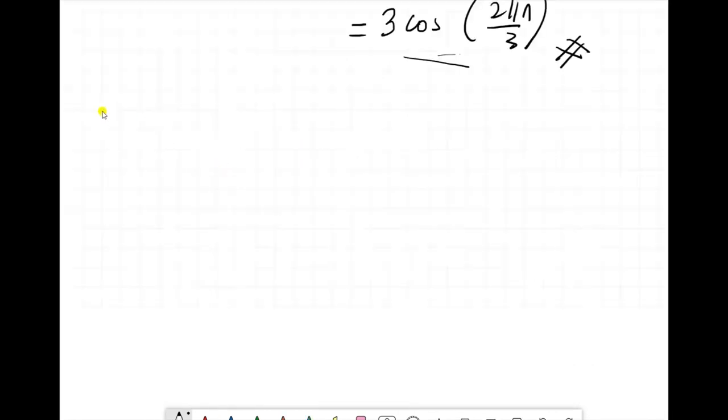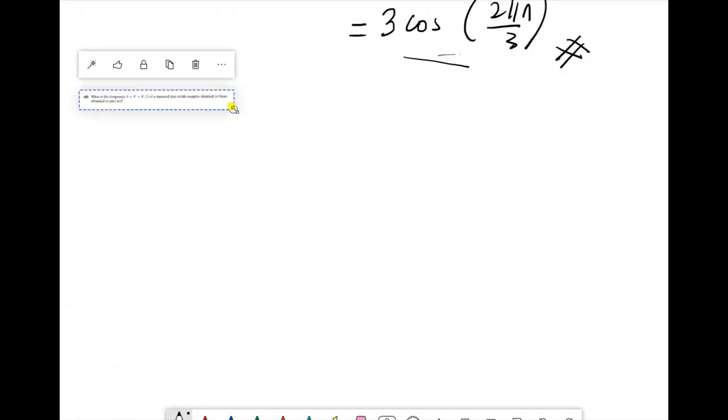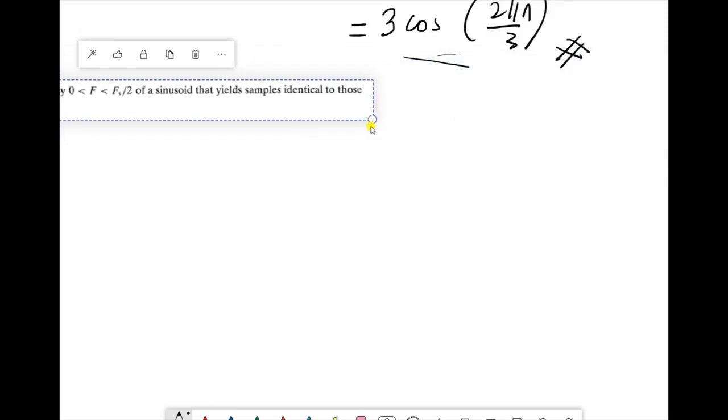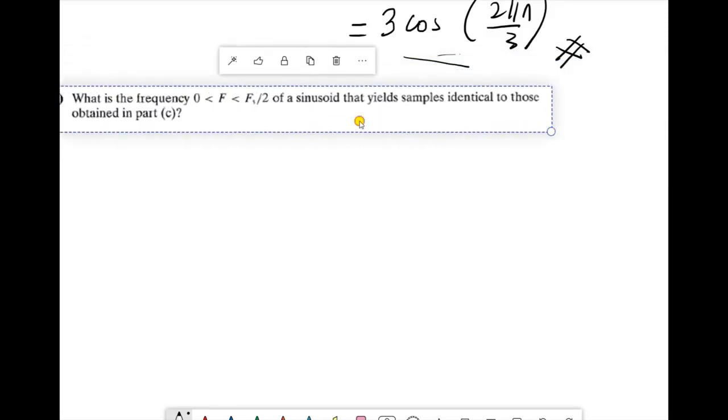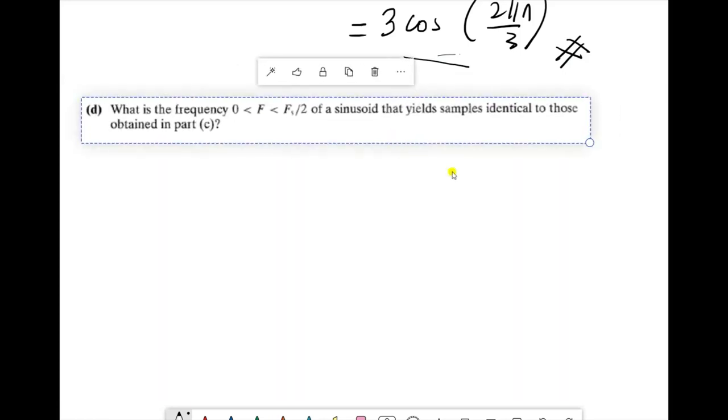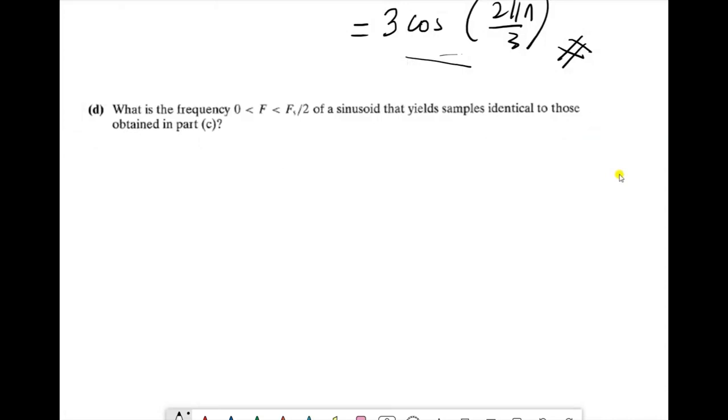Okay, so for question D, I'll just copy and paste this question. What is the frequency F of a sinusoid that yields samples identical to those obtained in part C?